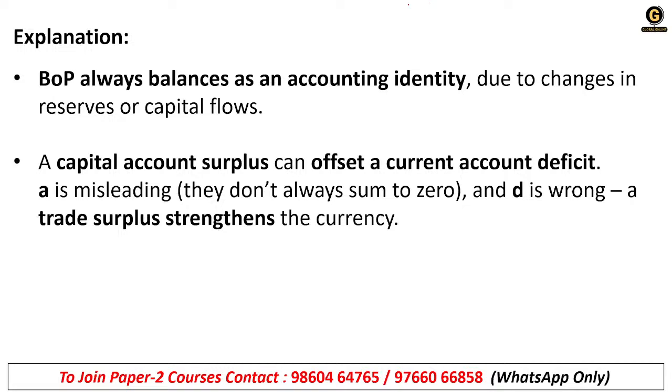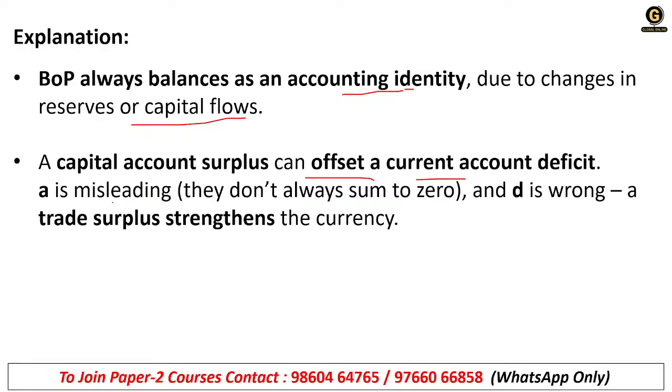See, BOP always balances as an accounting identity, obviously, due to changes in the reserves and capital flows. So we need to calculate it, we need to keep it in accounts, so it always shows in accounting terms. A capital account surplus can offset a current account deficit, that is also possible, when we have enough capital that clears the deficit of a current account.